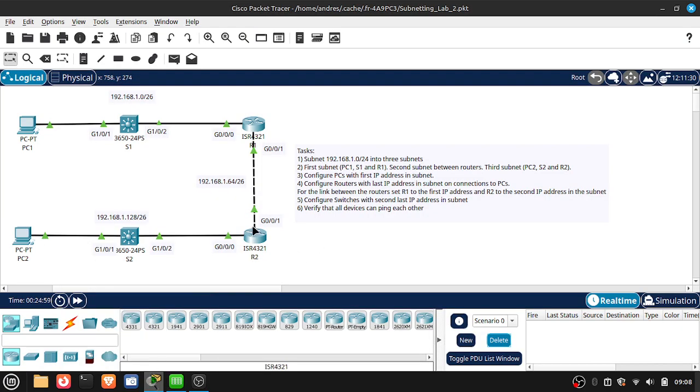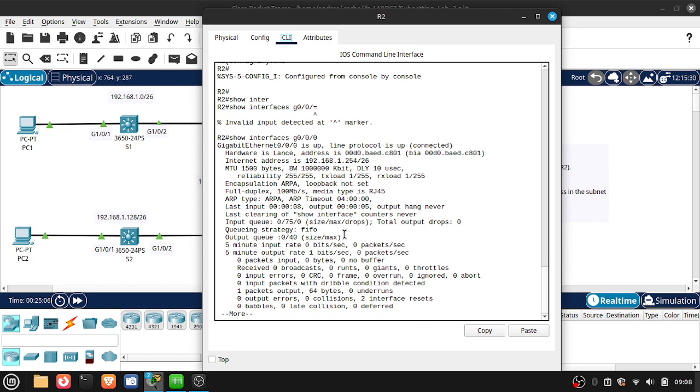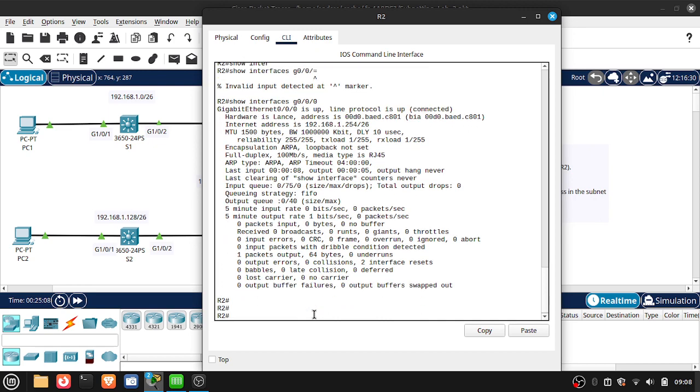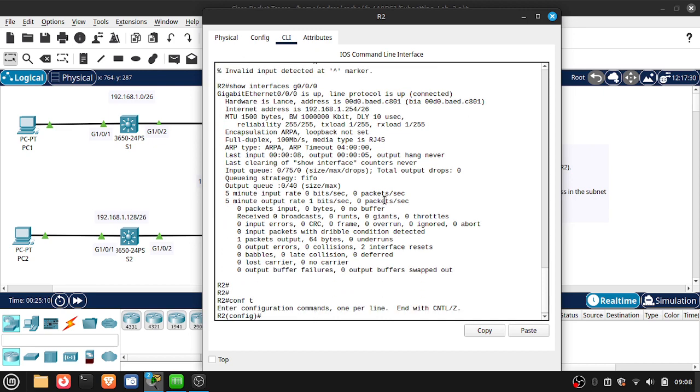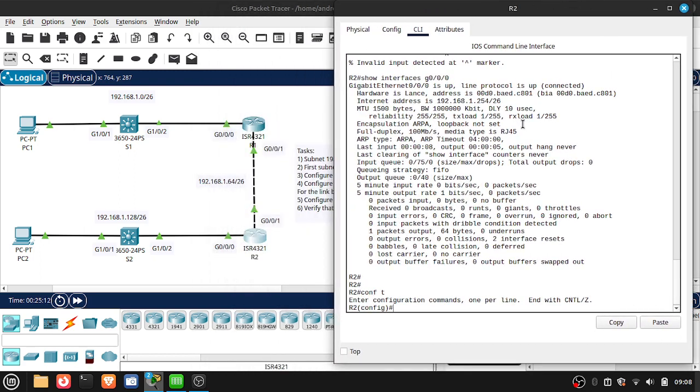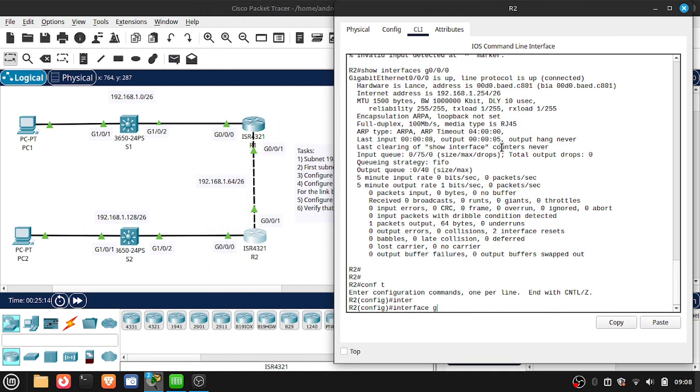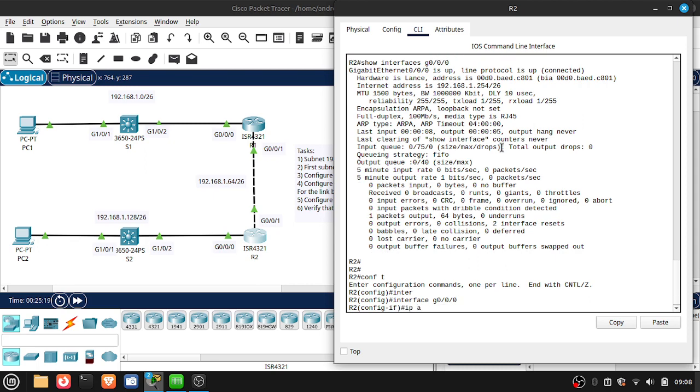So we had to correct this. We can solve this. So no problem. Conf t, put to the right. Interface gigabit 0/0. IP address.